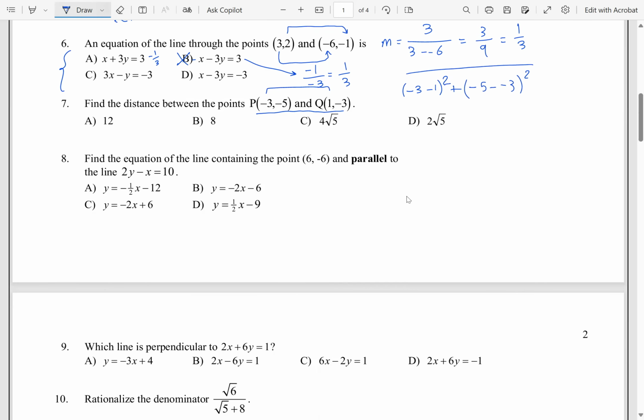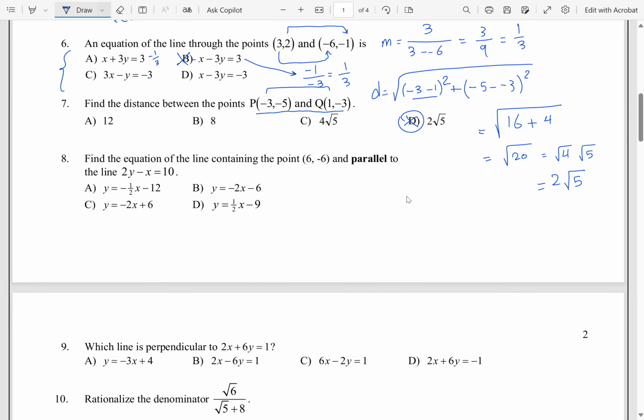After that, take the square root of this value to get the distance. How? Negative 4 squared is 16, and negative 5 minus negative 3 is negative 2, squared is 4. So I have the square root of 20, which is square root of 4 times square root of 5, because 20 is 4 times 5. So the answer simplifies to 2 square root of 5.